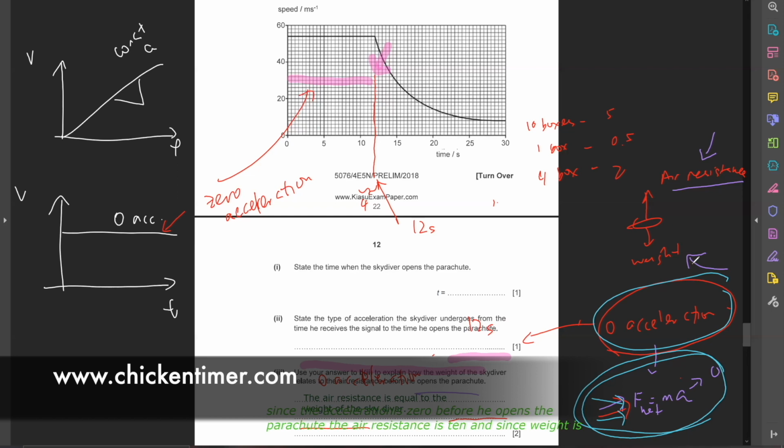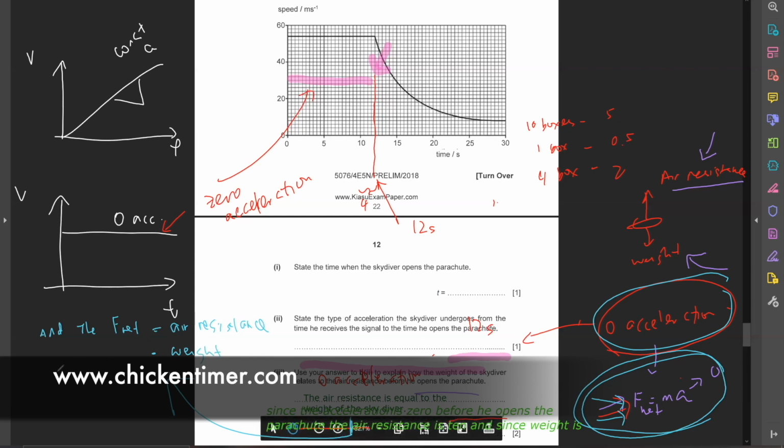Since the acceleration is 0 before he opens the parachute, then air resistance is 10. Why is air resistance 10? So since the acceleration is 0 before he opens the parachute, and the resultant force is weight minus air resistance, and F net equals 0, therefore the weight must equal the air resistance.